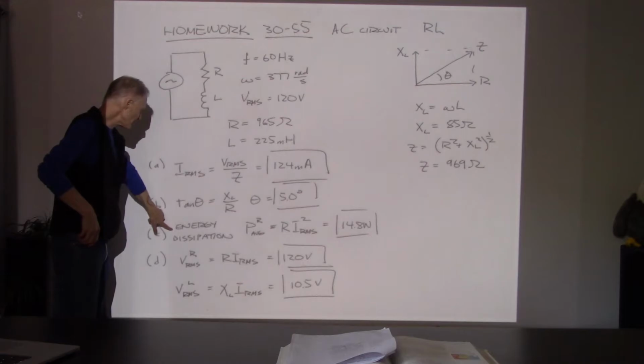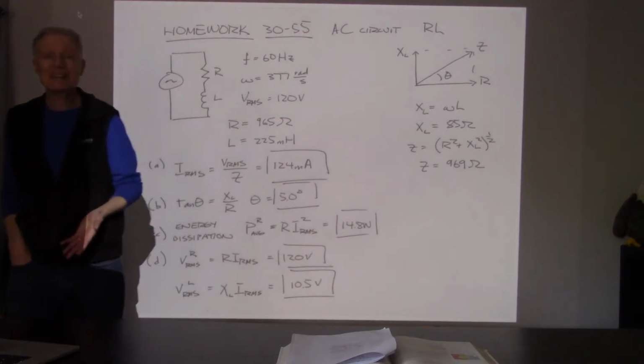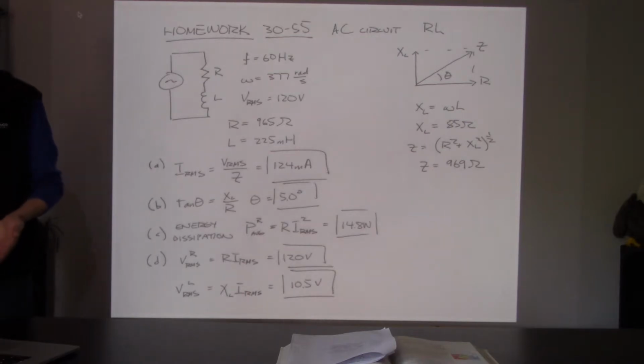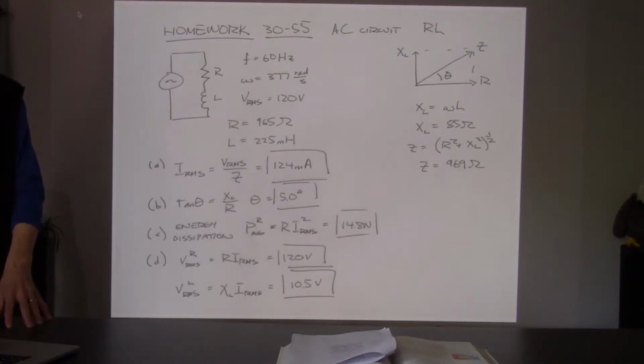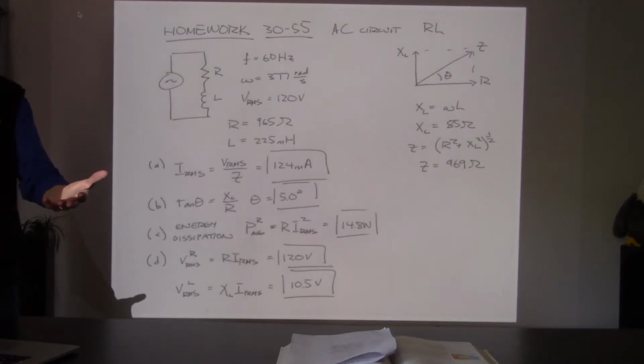Now, the energy dissipation that they ask about, energy dissipation is only taking place in the resistor, right? Ideally, and we only purchase ideal capacitors and ideal inductors. The inductors and the capacitors are not losing any energy. They do not dissipate any energy. They store energy, but they return it to the circuit.